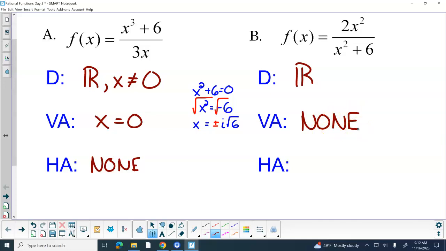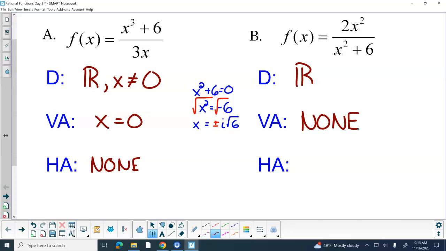Okay? Now, if we think about it, there are 3 types of numbers in this world. There's positive numbers, there's negative numbers, and there's 0, right? If I take a positive number and I put it into that denominator, I'd have to square it first. So what's it going to be? A positive number squared is positive plus 6. Still positive, right?